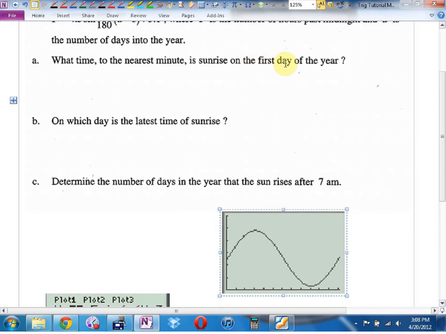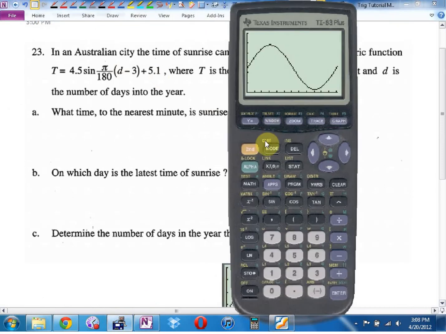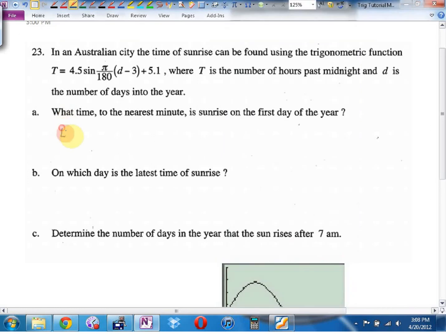First day of the year. Oh, day is the x values. I think what they want me to do is find the y when d equals 1. If they give me an x value, that's when I hit trace. 1. 4.943. 4.943 hours.